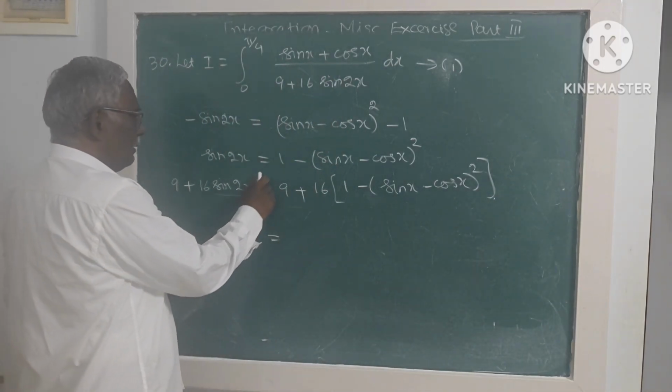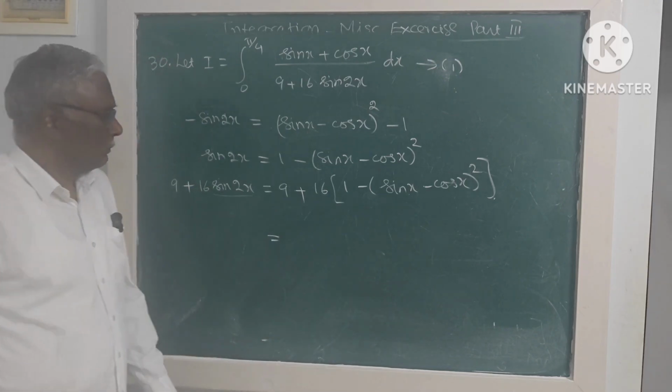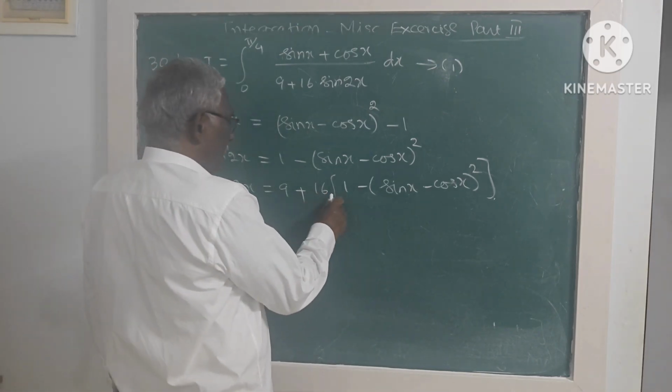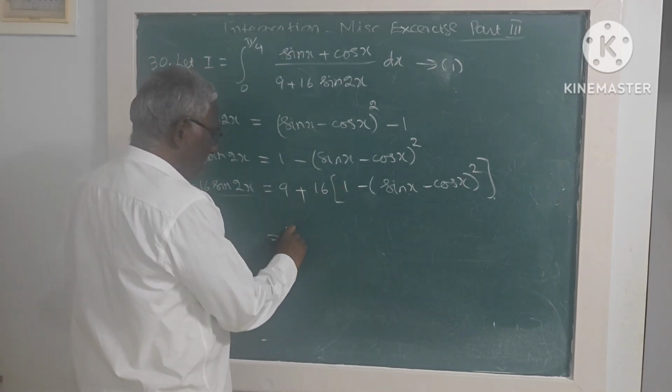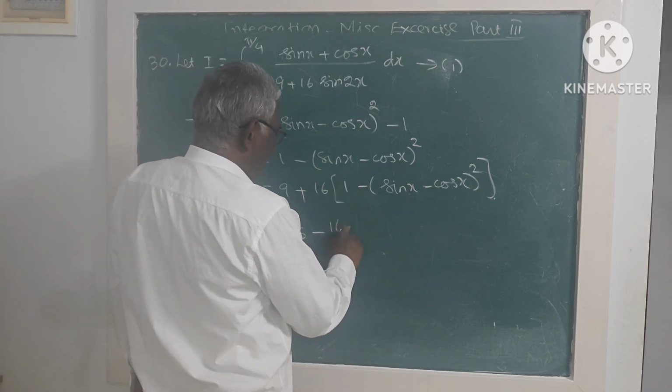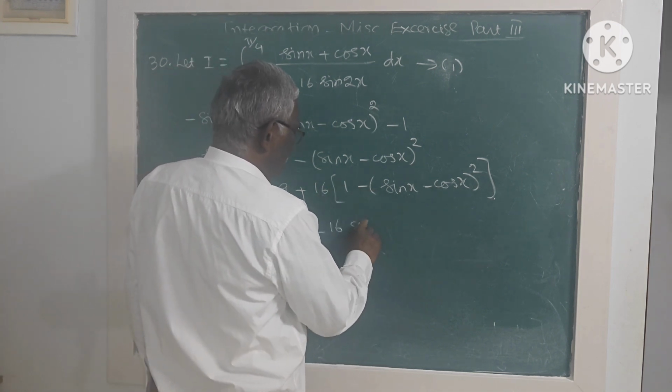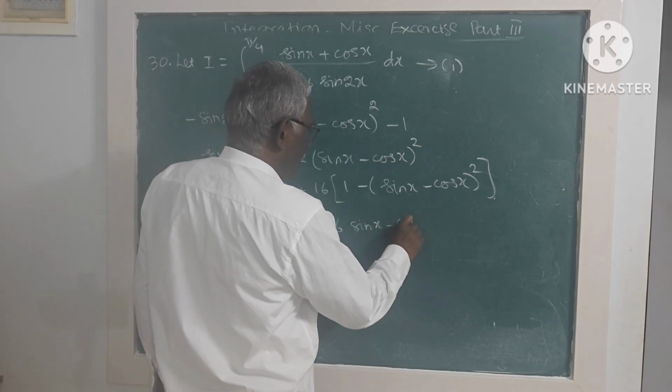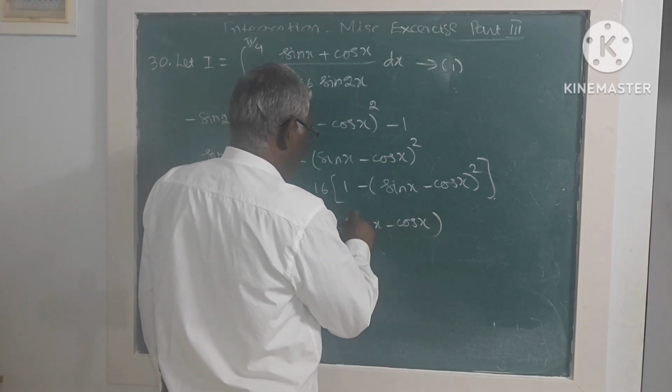So now this becomes 9 plus 16, 25, then minus 16 times sin x minus cos x whole square.